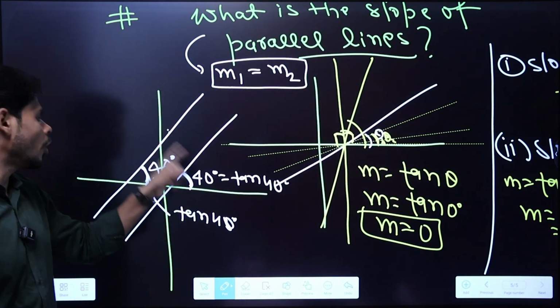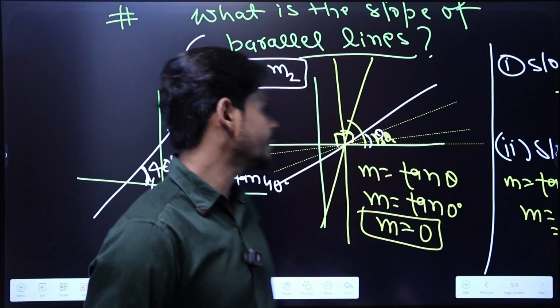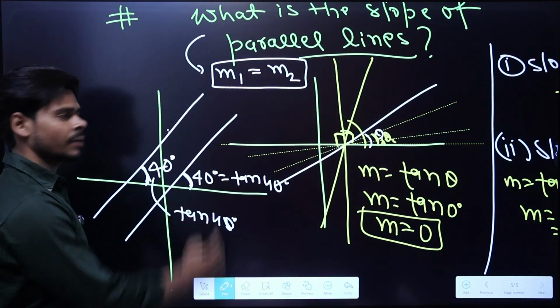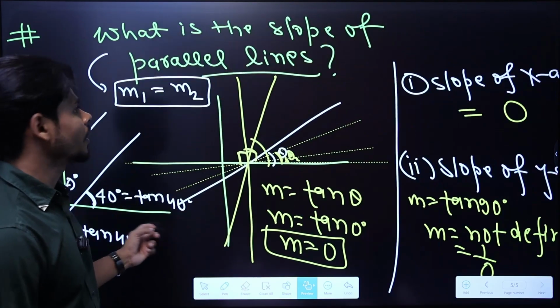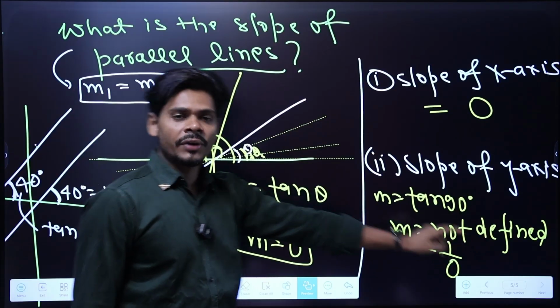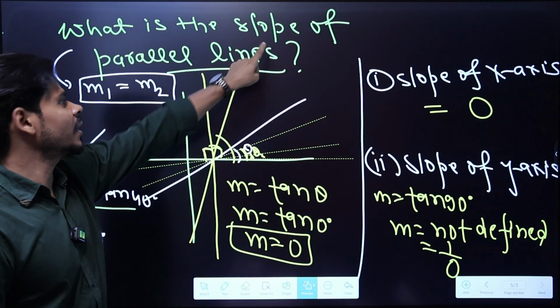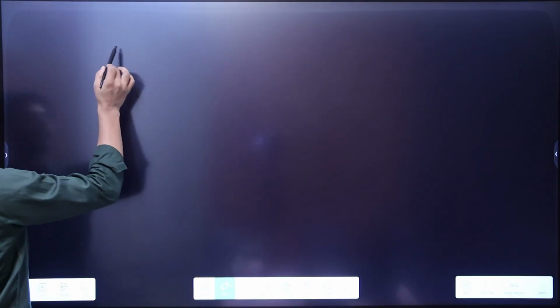Why? Because they will always make the same positive angle with the x-axis. So that's the condition for two parallel lines. Remember it: the slope of the x-axis is 0, the slope of the y-axis is not defined, but the slopes of parallel lines are equal.